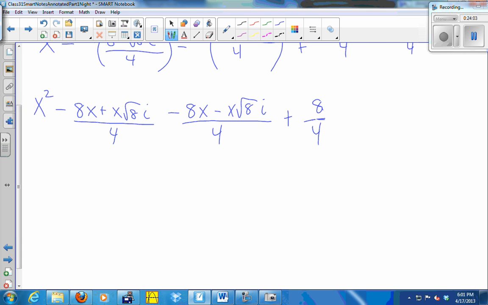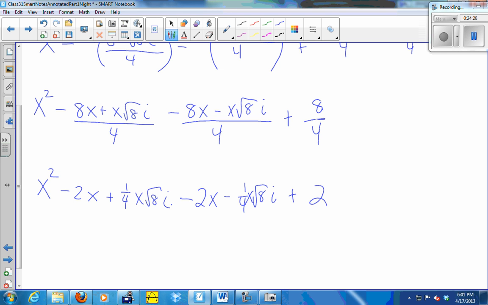I'm going to divide my 4 into each piece here. So I have x squared minus 2x plus 1/4 x root 8i, minus 2x, minus 1/4 x root 8i plus 2. And then, happy day, those two terms are the same, but one's positive and one's negative.